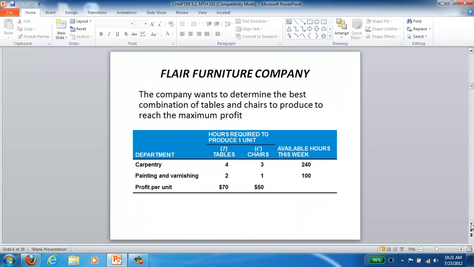Let's take a look at the arrangement of this information in the grid. Notice that carpentry and painting and varnishing are listed in the left column, while T for tables and C for chairs are listed in the vertical column. On the right hand side, notice that we have also listed the total hours that are available for each of the manufacturing processes.